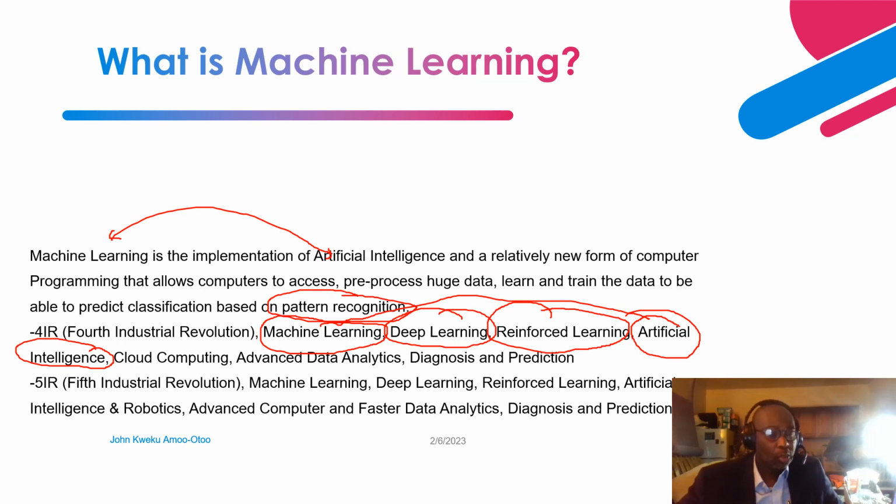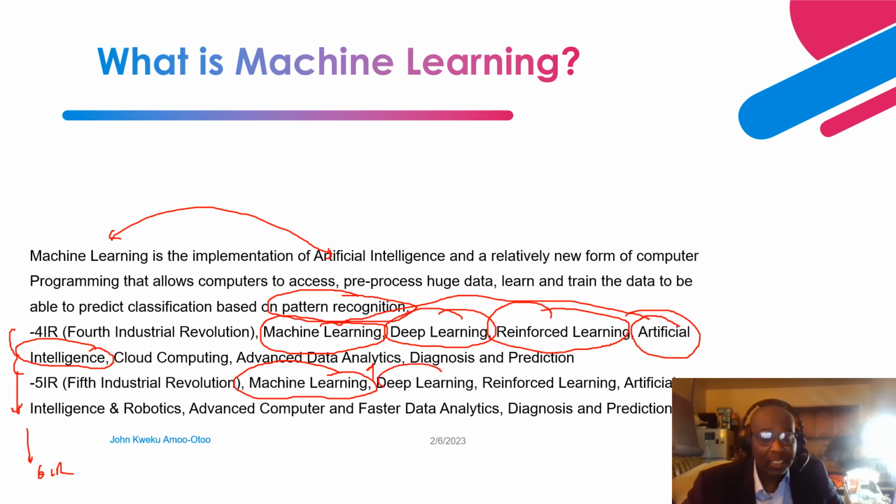Once we evolve from the fourth industrial revolution, we're going to go to the fifth industrial revolution, then sixth onwards. As we shift paradigm from the fourth to the fifth industrial revolution, we'll still have machine learning, but with much faster algorithms.